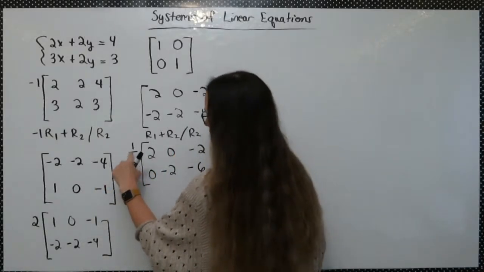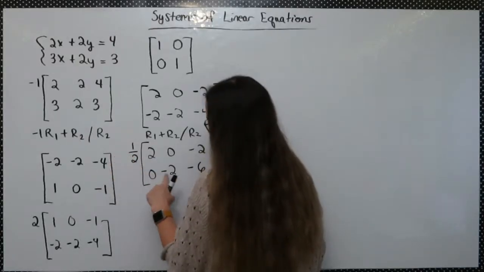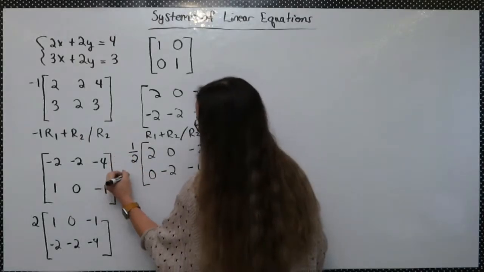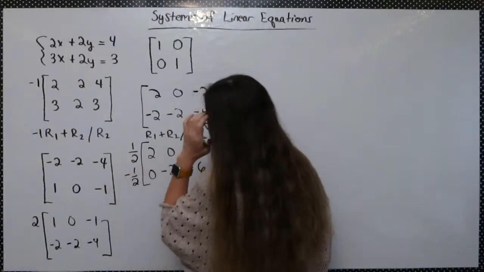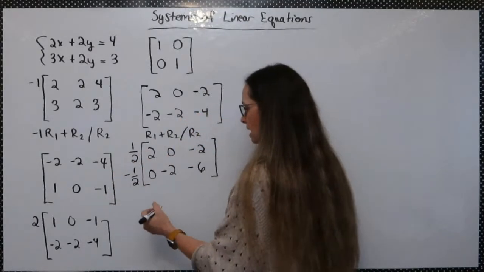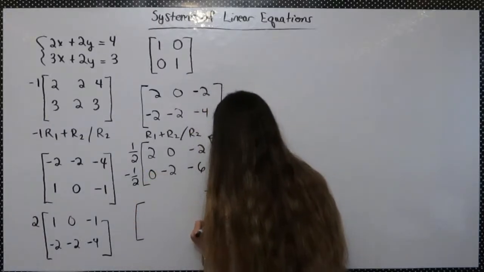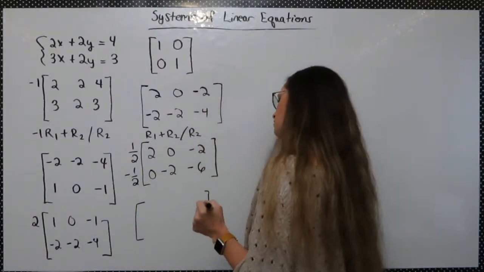So the reciprocal of 2 is 1/2, and the reciprocal of -2 would be -1/2. So I'm just going to multiply these rows by the scalar and essentially make those 2's 1. And I think I've finished after that.